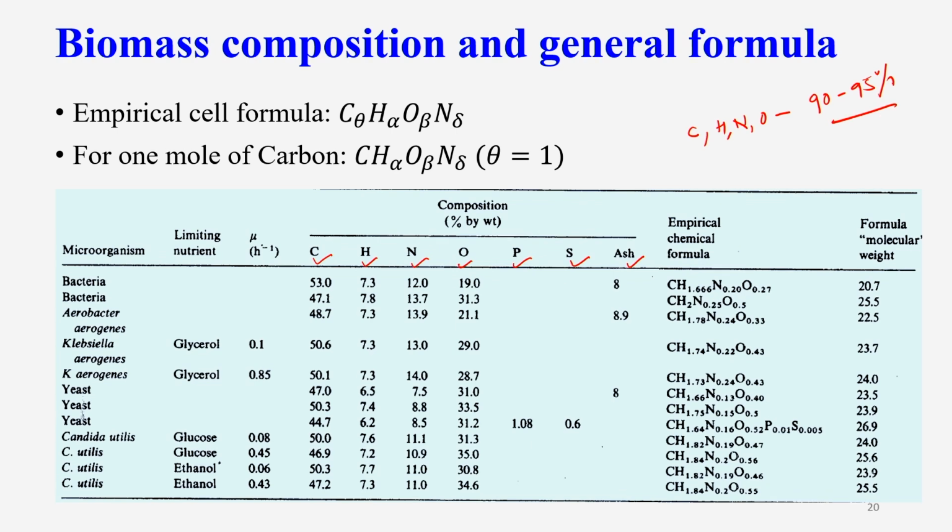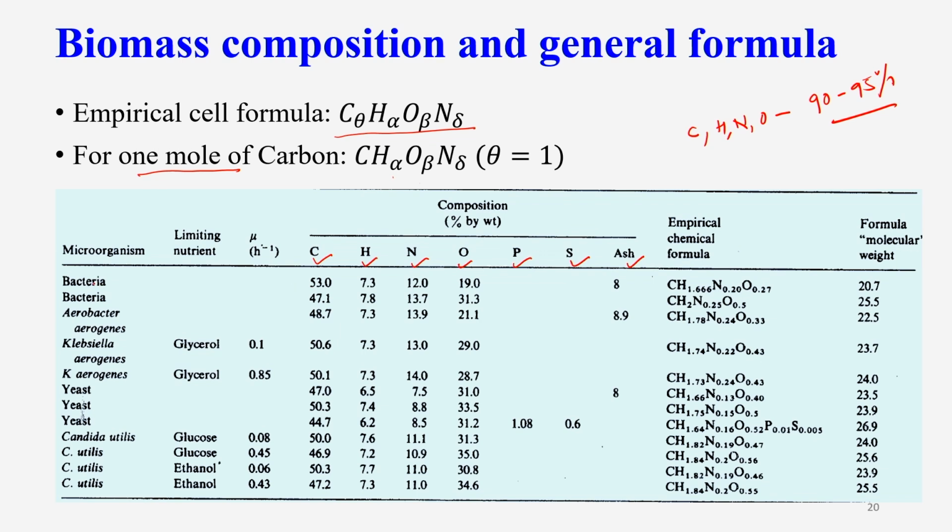So, typically in the empirical formula we consider these four elements C theta, H alpha, O beta and N delta. Further it can be simplified if we consider for 1 mole of carbon, so you put theta as 1, it will be C H alpha O beta N delta.